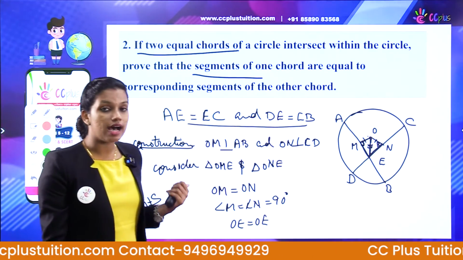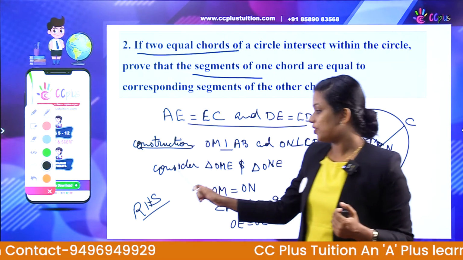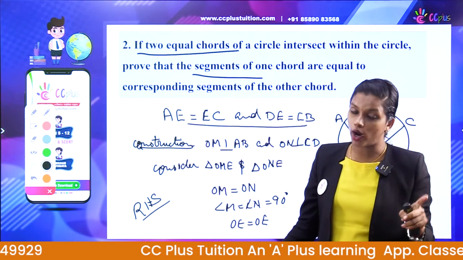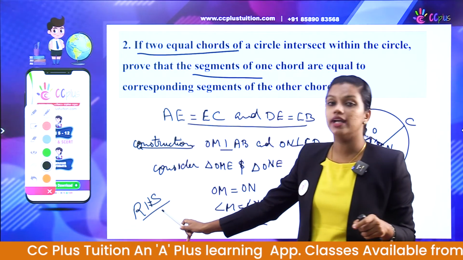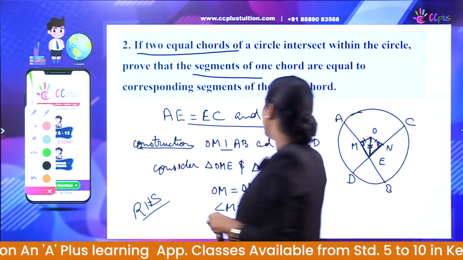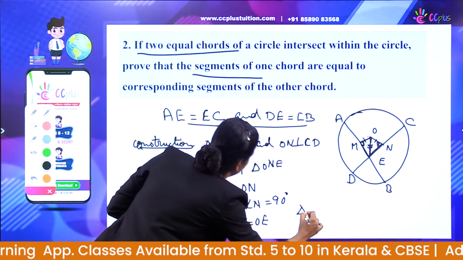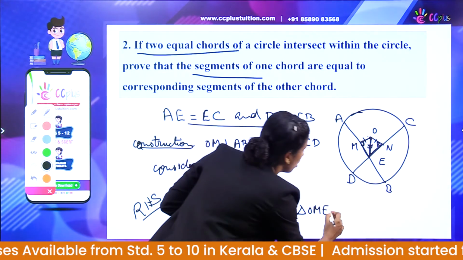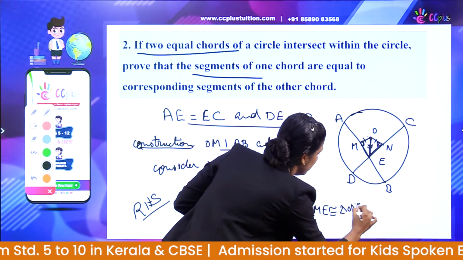What does the RHS rule say? For right angle triangles, if the hypotenuse and one side of one triangle are equal to the hypotenuse and side of another, then the two triangles are congruent. Triangle OME is congruent to triangle ONE.